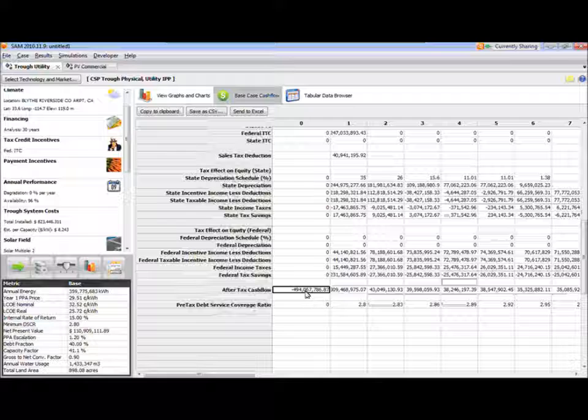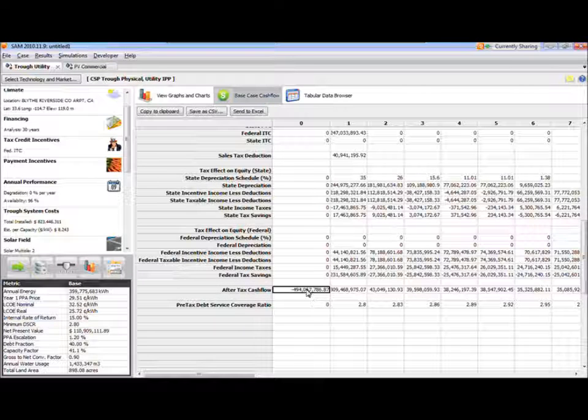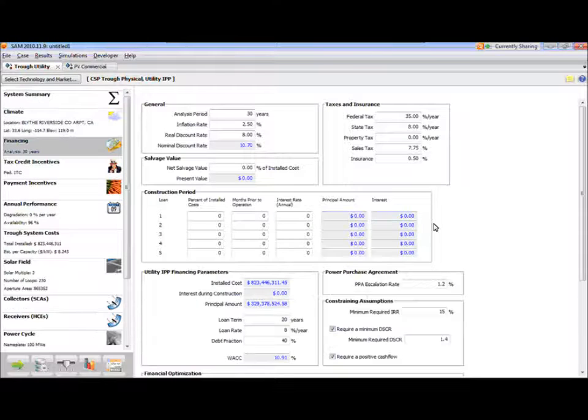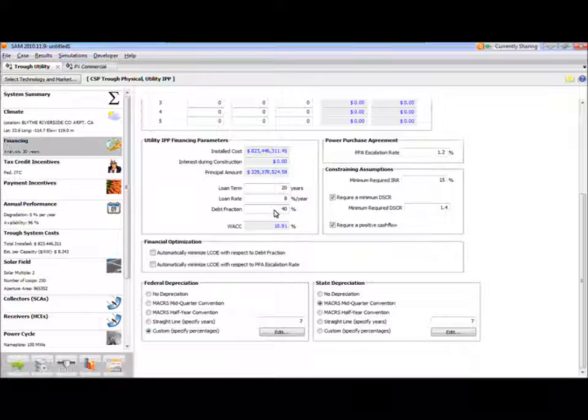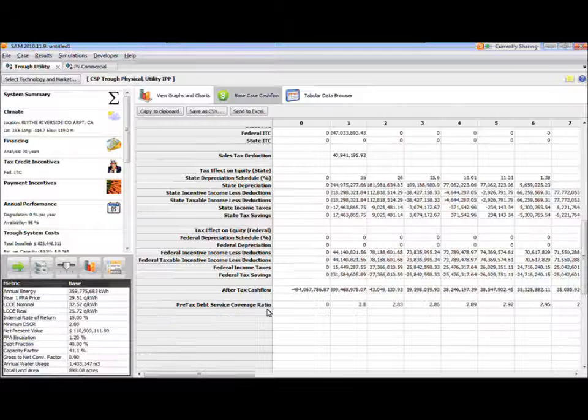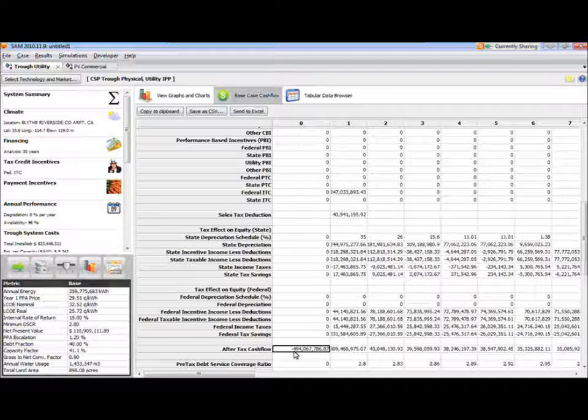The reason the amount in the cash flow is not the same as the amount on the cost page is that we're taking out a loan. On the financing page, the debt fraction amount is 40%. So that means that we're borrowing 40% of the total install cost amount. This is the equity portion of the initial investment.